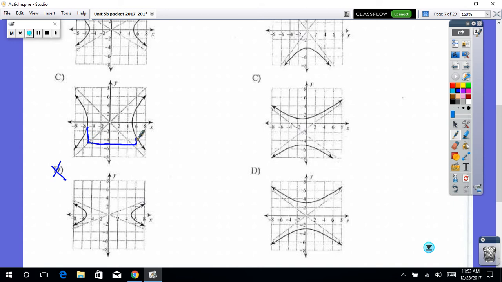It's very badly drawn and not very dark at all, but I can definitely see a line right here. So it looks like C is going to be our answer choice for that one. Some of these boxes are really hard to see.